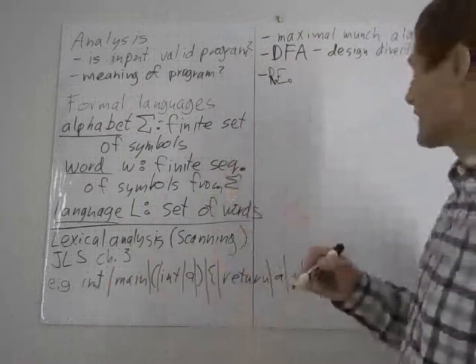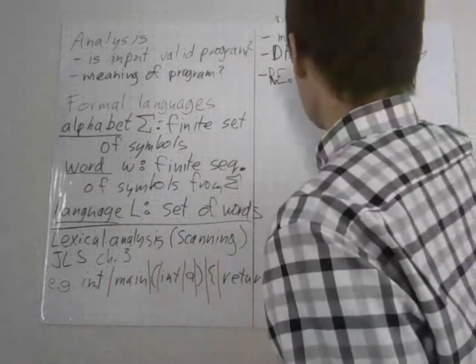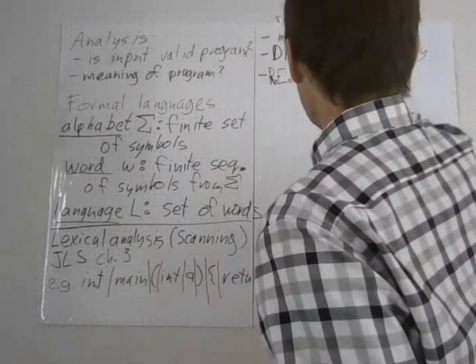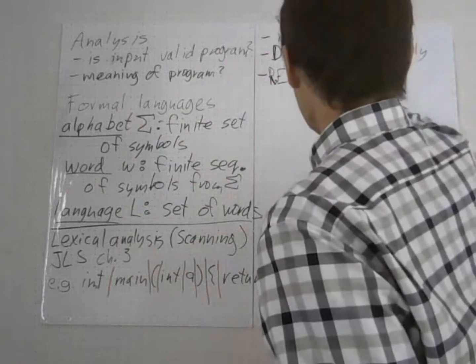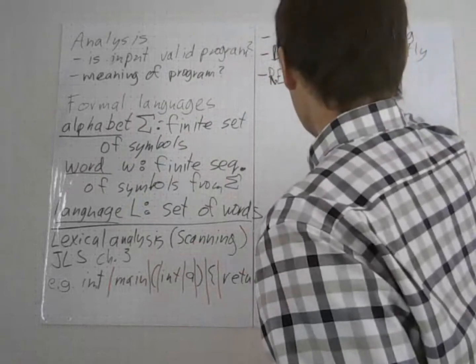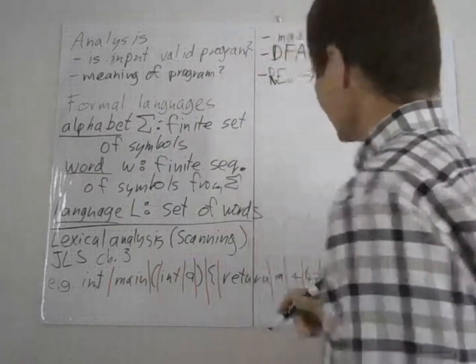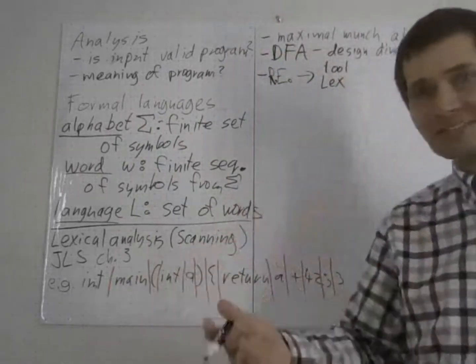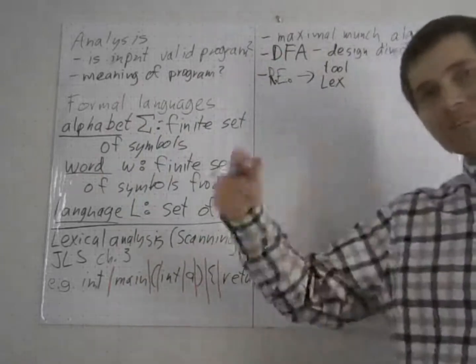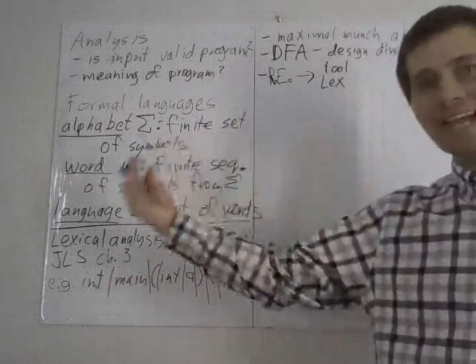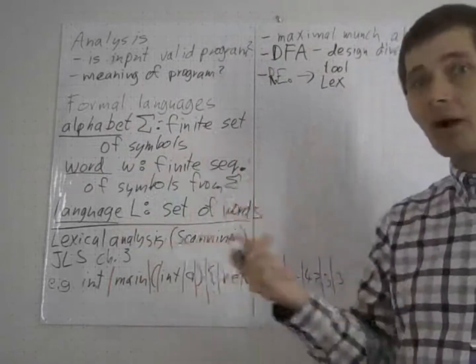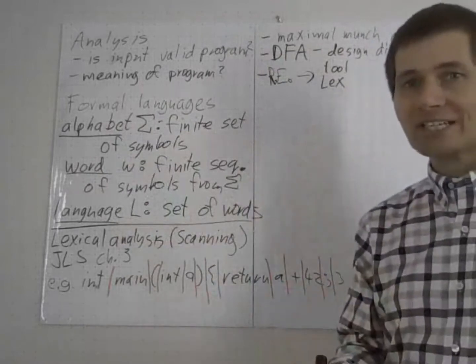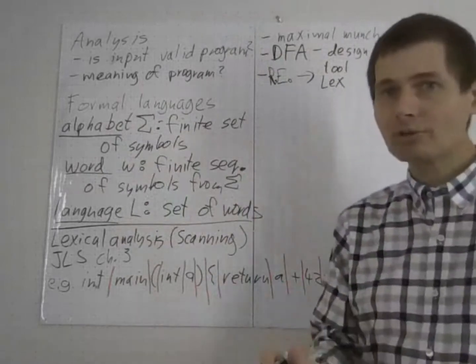And then you give that regular expression to a tool. One such very popular, very well-known tool is called Lex. And Lex is sort of the grand ancestor of all of these kinds of scanner generation tools.